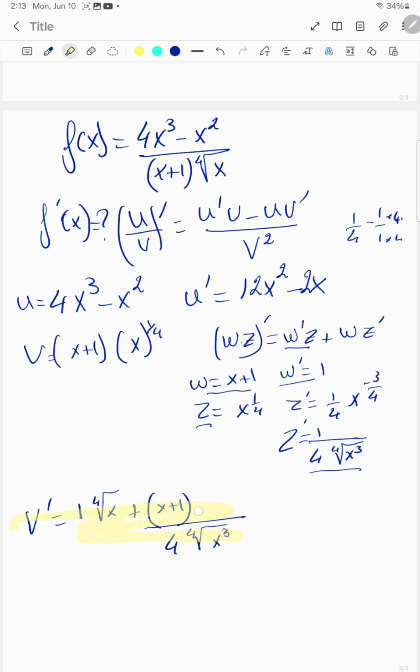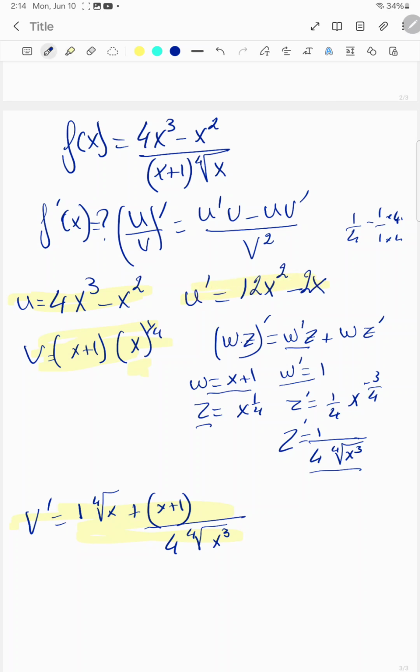So that's my v prime, and that's my v. I can write it as the fourth root of x, and that's my u, and that's my u prime.